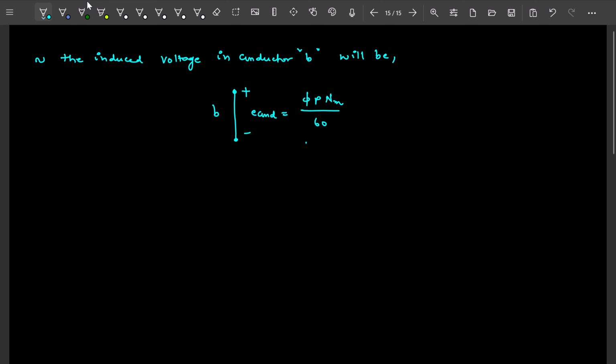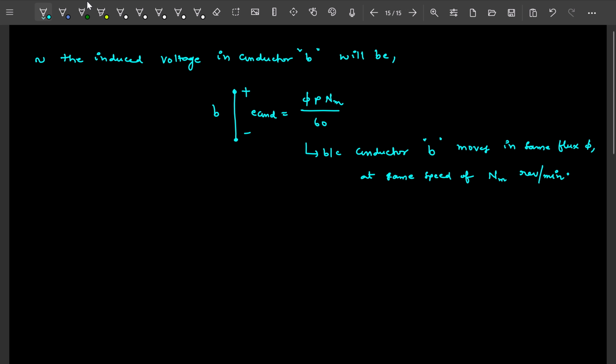Why? Because conductor B moves in the same flux phi and at the same speed of nm revolutions per minute.